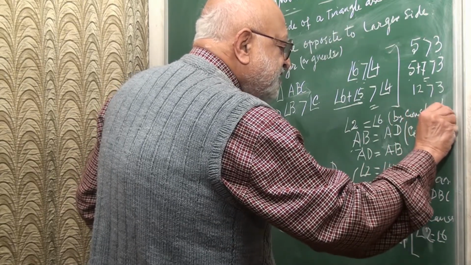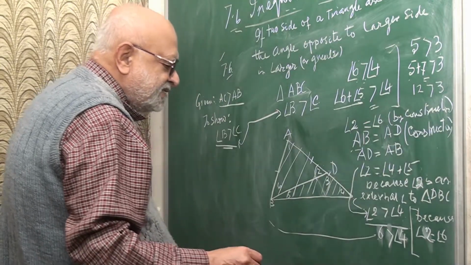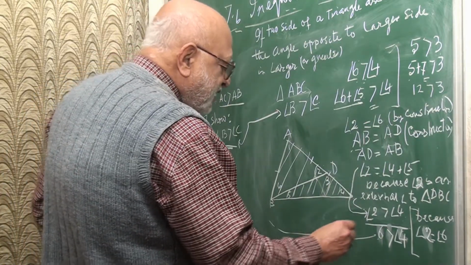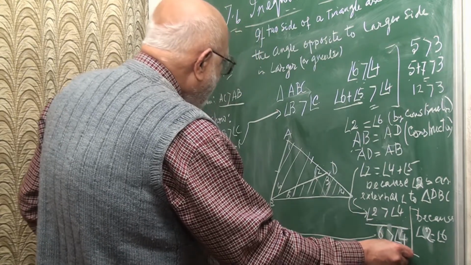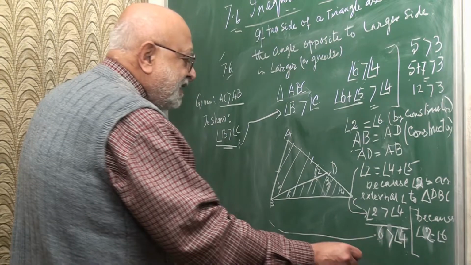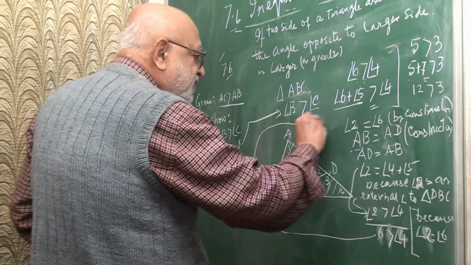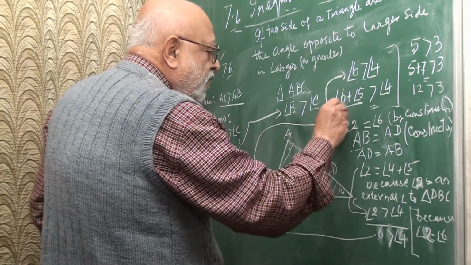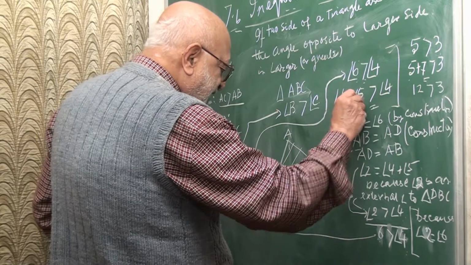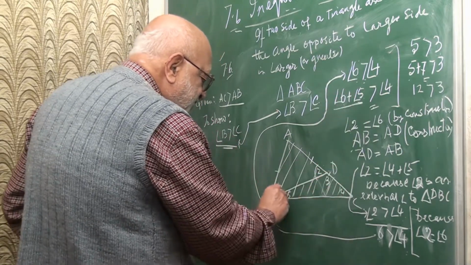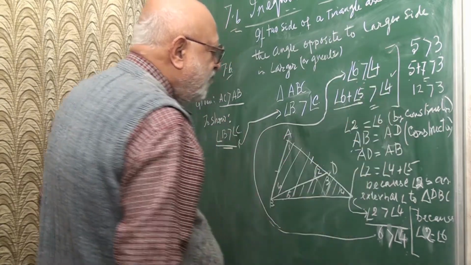Let me add this to make it complete. Angle 2 is greater than angle 4, so angle 6 would be greater than angle 4. From here I came all the way to here. Then angle 6 plus angle 5, I added up, these two angles should be greater than angle 4.